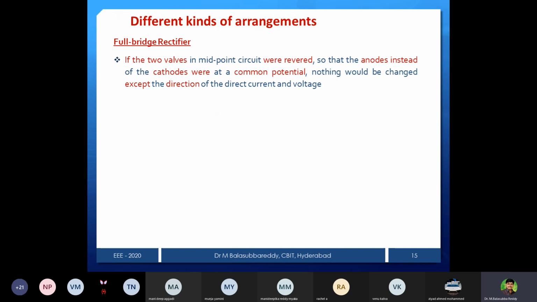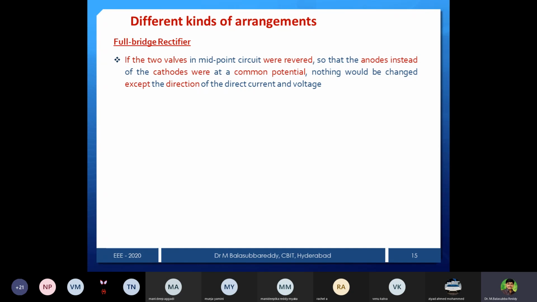And then in a full bridge rectifier, just as in the previous slide, two valves are in the midpoint circuit. What we used in the midpoint were reversed here, so you can place the same devices in reverse so that the anodes, instead of the cathodes, are at the common potential.